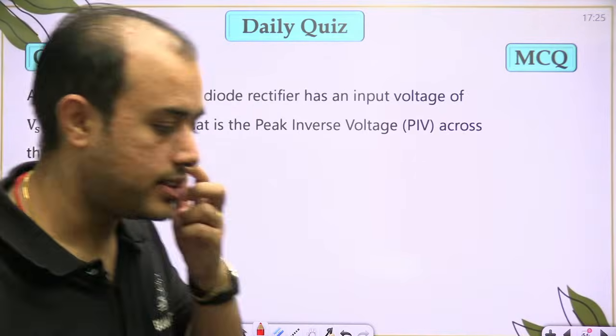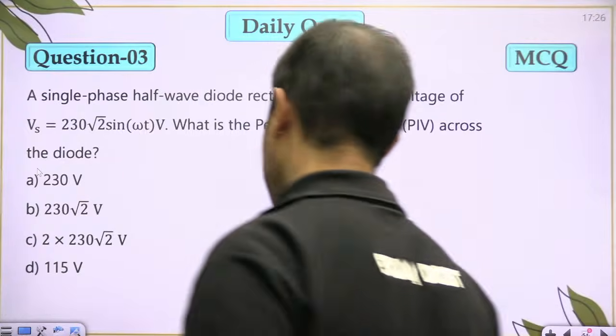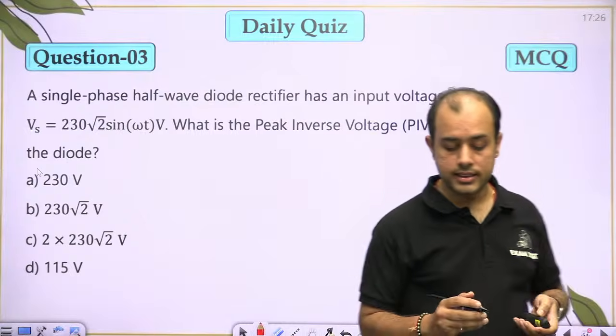चलिए ट्राई द नेक्स्ट वन, PIV ऑफ द डायोड. Now what is the PIV beta?